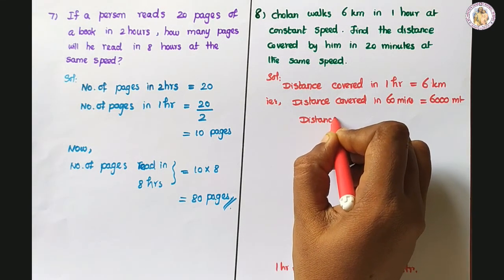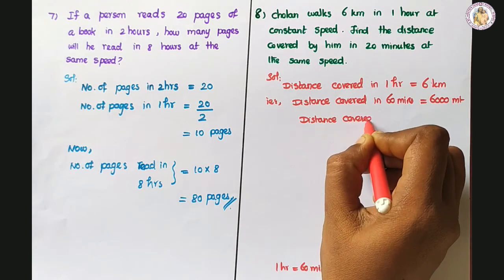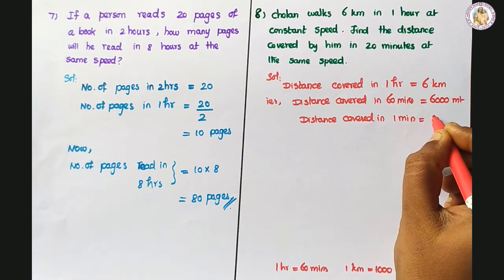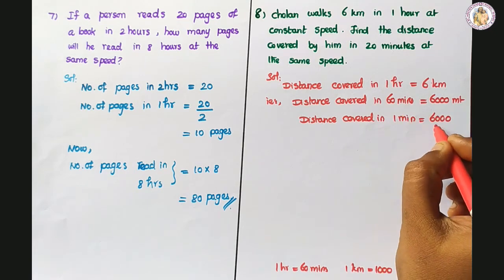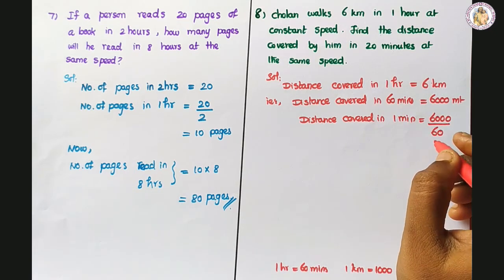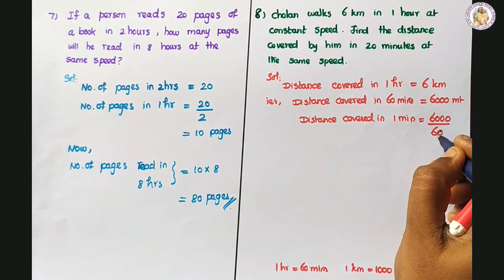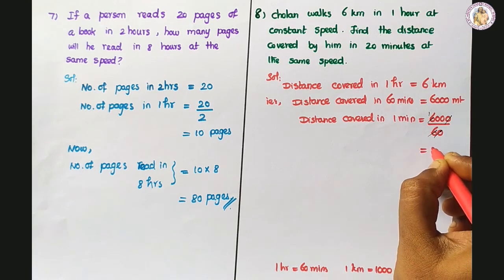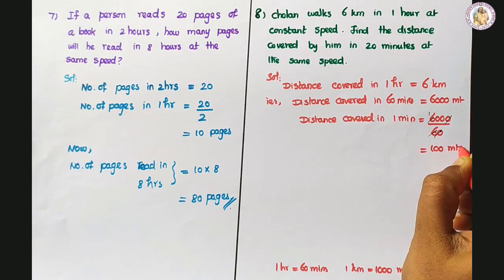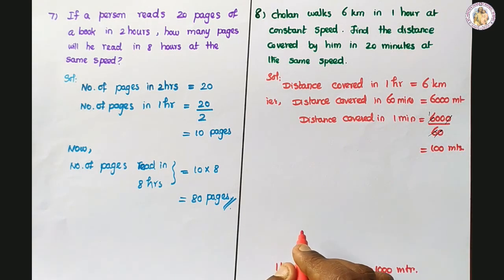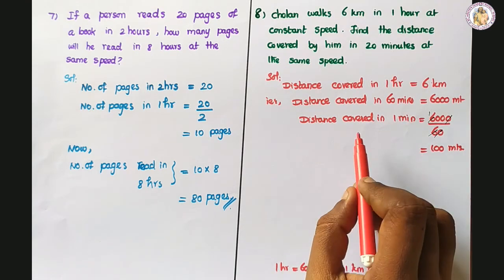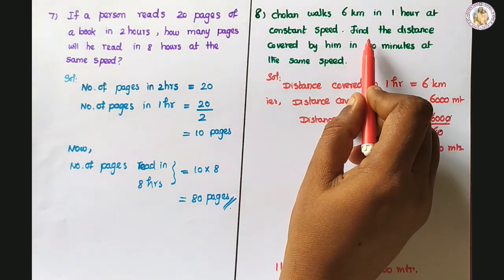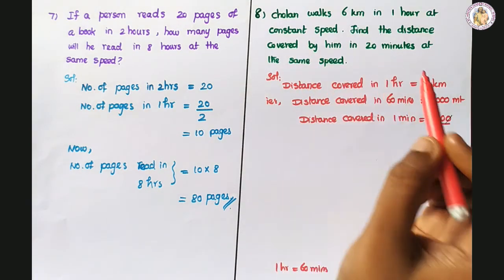Distance covered in 1 minute equal to 6000 divided by 60. So, 100 meter. 100 meters distance covered in 1 minute means, what's the question? Find the distance covered by him in 20 minutes.